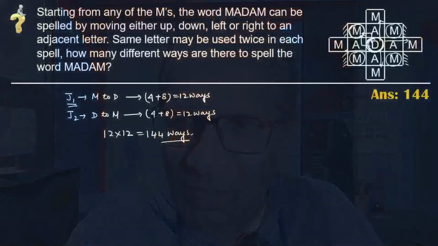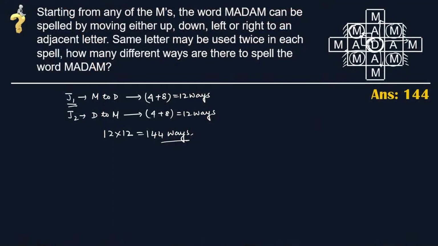Now from D I have to get back to M. There are again 12 ways of reaching M again. So the total number of ways to spell the word madam is 12 into 12, that is 144. I hope why I have multiplied is very clear to you, right? Okay, so the answer is 144. Let's move to the next problem.